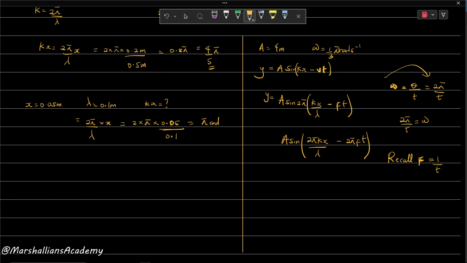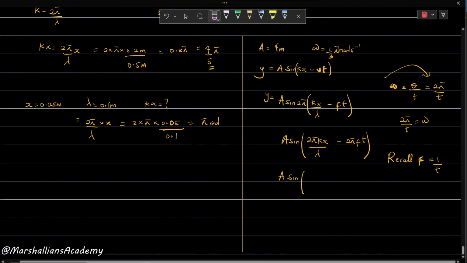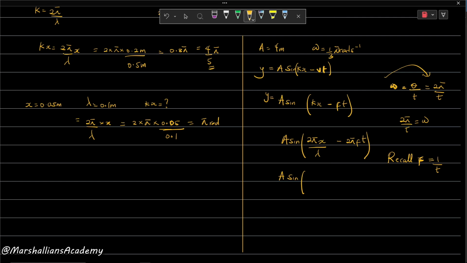So I'll replace frequency with 1 over period. Oh sorry, why am I still putting k again when I put 2 pi over lambda? Because k is 2 pi over lambda, isn't it?